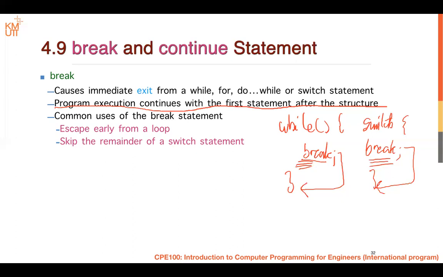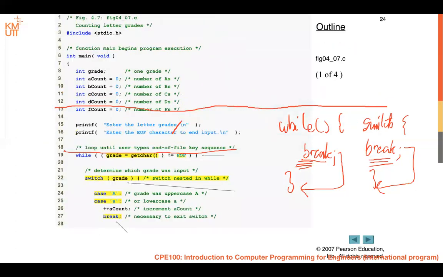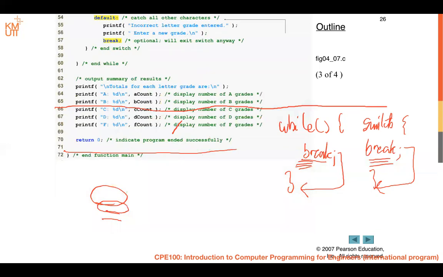We commonly use the break statement to escape early from a loop, go out of the loop, or skip the remainder of the switch statement. Like this, go back to A. When you get the result A here, you can input A, and break will go out of the loop. Go to this switch case, go out to here, and then go back to the while loop.